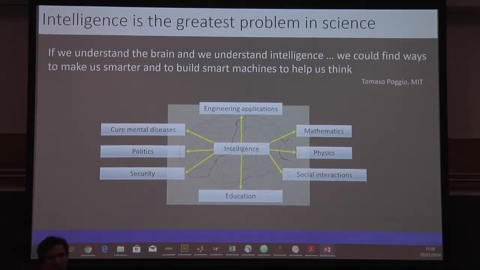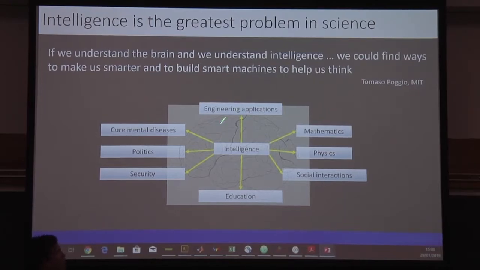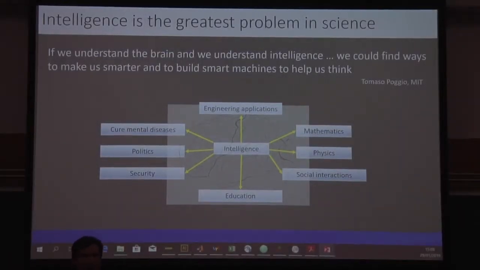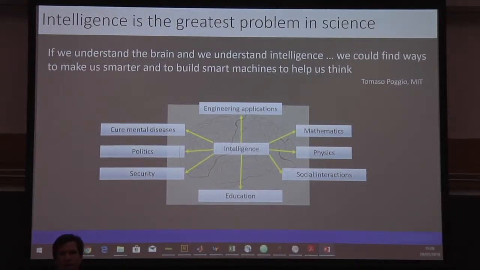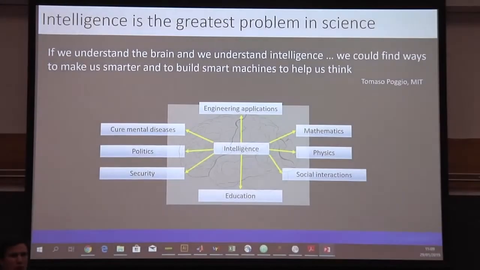I would argue, together with many other people, that studying intelligence and solving the problem of intelligence is the greatest problem of science. This will have tremendous impact in all sorts of domains. Of course, in terms of engineering applications, in terms of being able to build all kinds of machines that can do useful things, but also because of the impact that will have on other sciences and being able to do other sciences better.